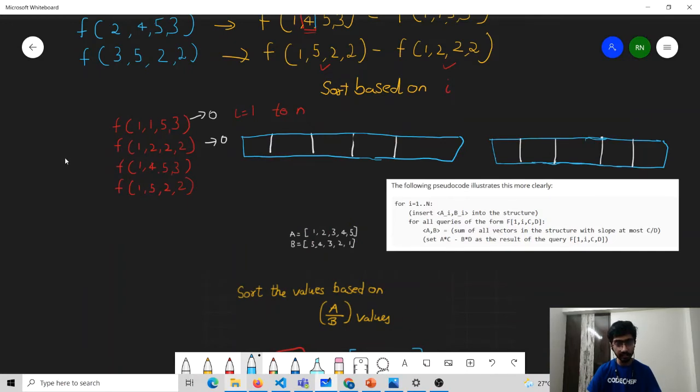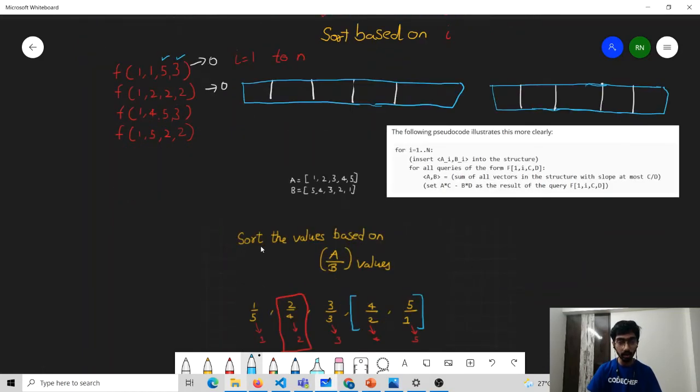We have to take care of two conditions. The first is that while finding the value for any prefix, we should not consider any value which lies outside that prefix. The other is that while finding the value for any c, d, we should not consider the contribution of any value whose a by b value is lesser than this d by c. How can we do that?